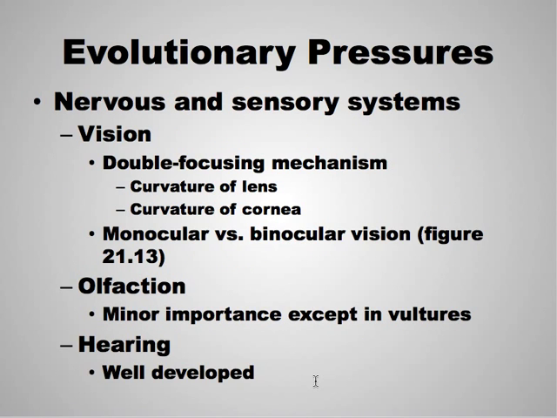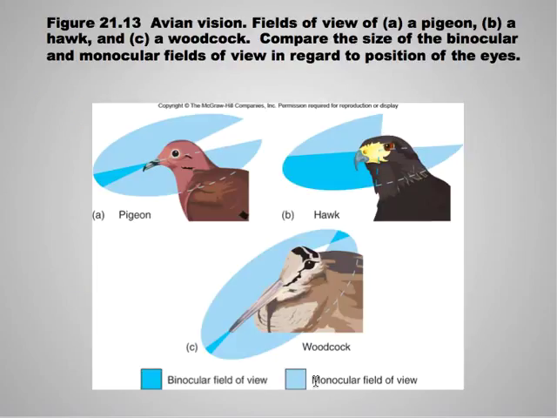Nervous and sensory systems, their vision is quite good. It's double focusing. They can curve both their lens and the cornea to focus. Binocular versus monocular vision depends on the bird and what their needs are. So that difference is, are both eyes going to look at the same thing, or are they not?